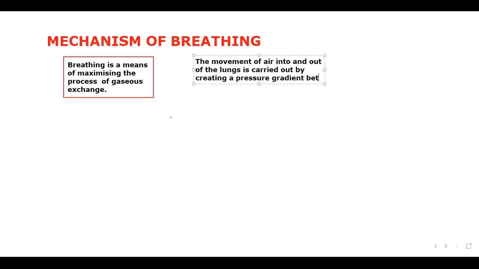Creating a pressure gradient between the lungs and atmosphere. So the movement of air into and out from the lungs is carried out by creating a pressure gradient. That particular pressure gradient we are going to discuss now.